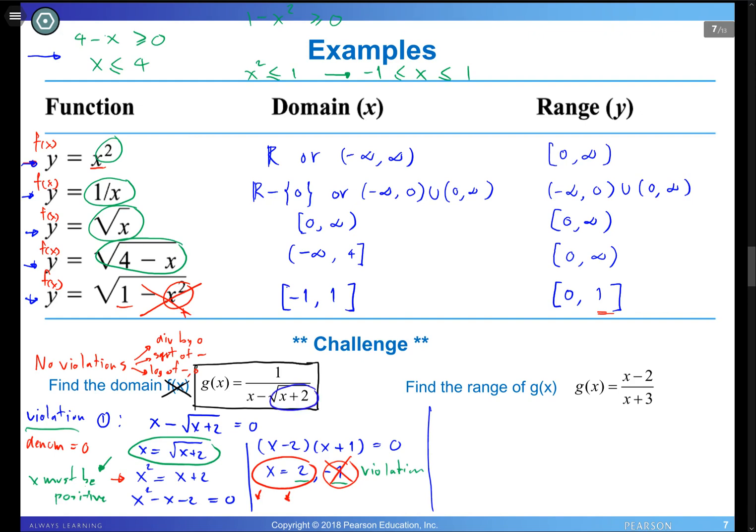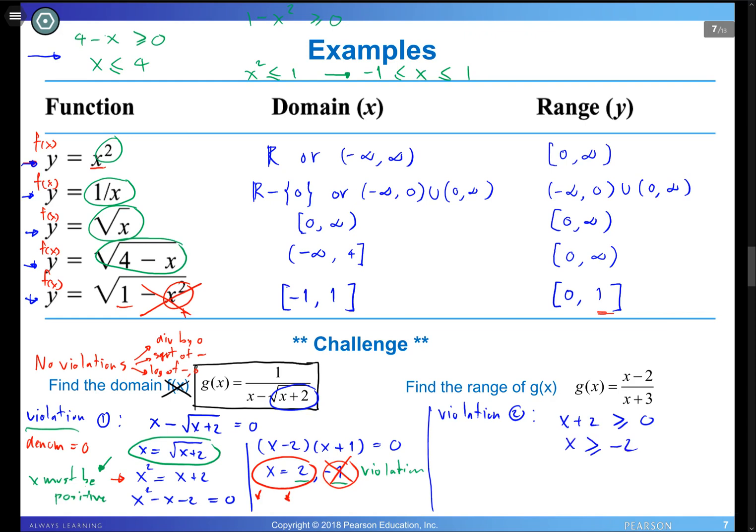That is violation number 2. So we require x plus 2 to be greater than or equal to 0, and solving this, we have x must be greater than or equal to minus 2.